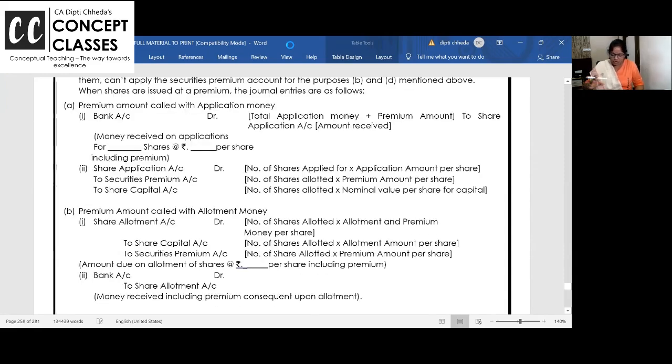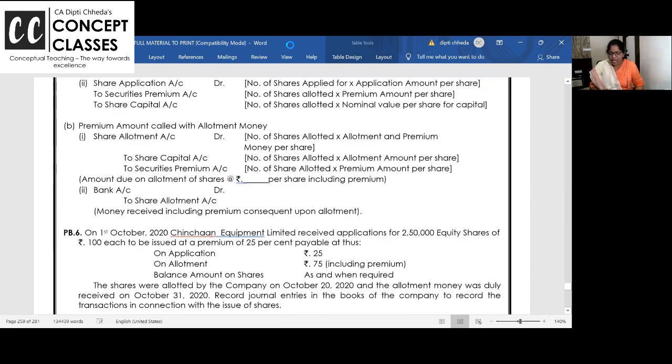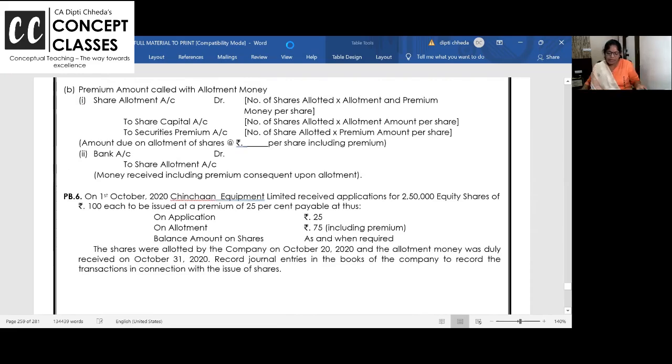Bank account debit, share application account debit, to share capital, to securities premium. Like that we do. And if the premium is with allotment, then when crediting capital, we will add the premium. So allotment can be at any place. Wherever it is, according to that, we will record the journal entry.